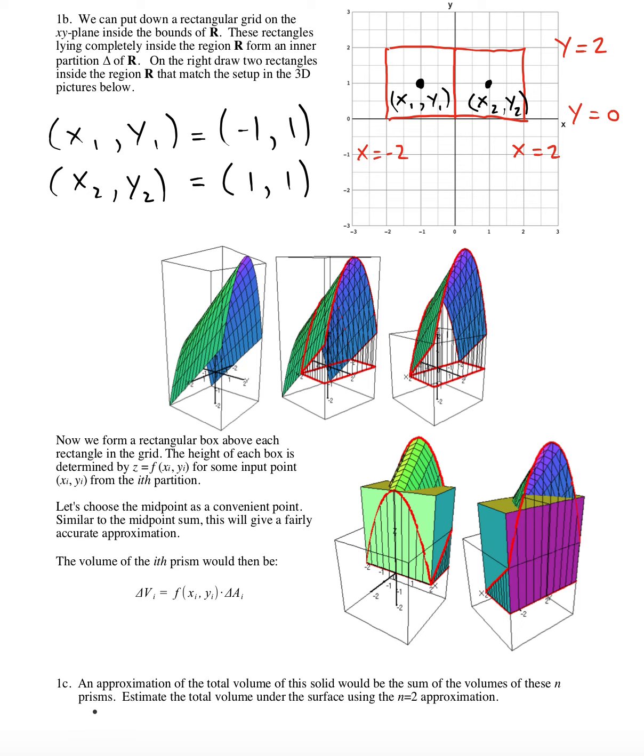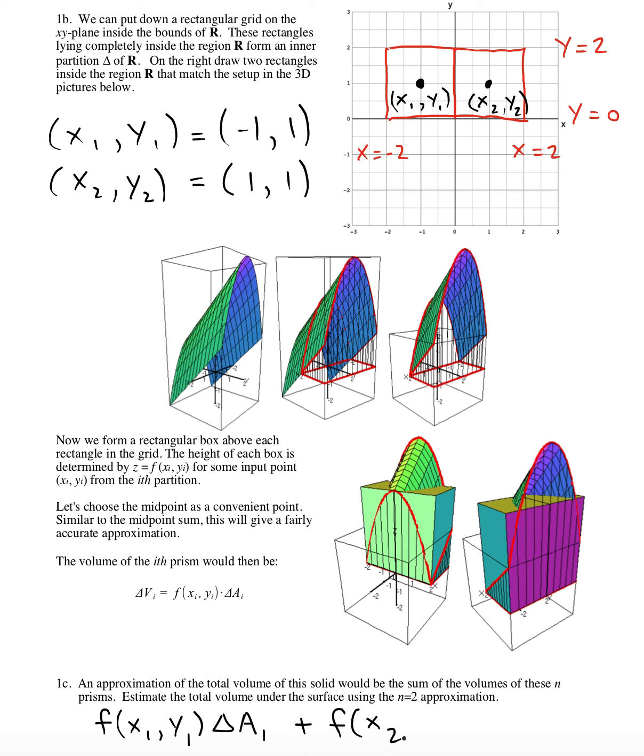Now we want to find f of x1 comma y1 and multiply it by the area of that square.